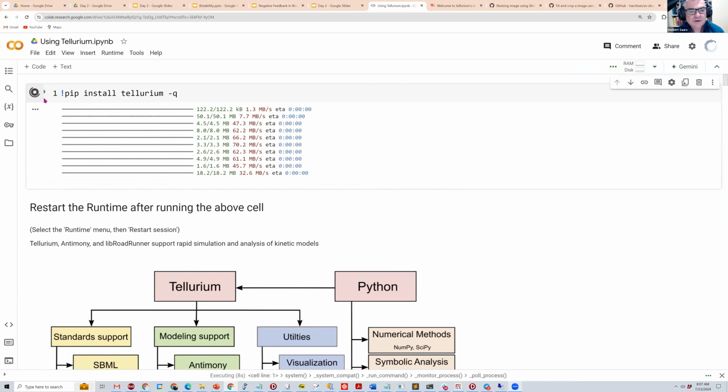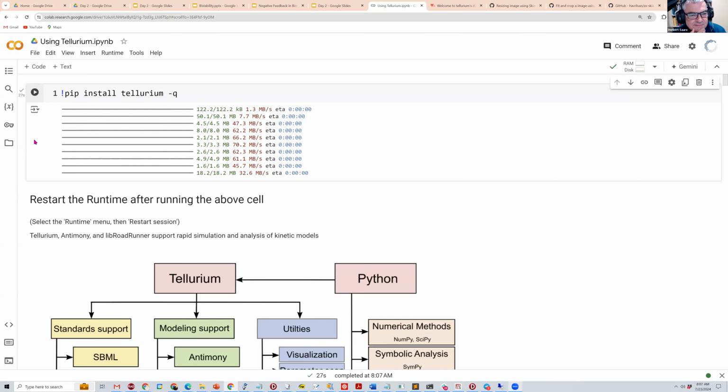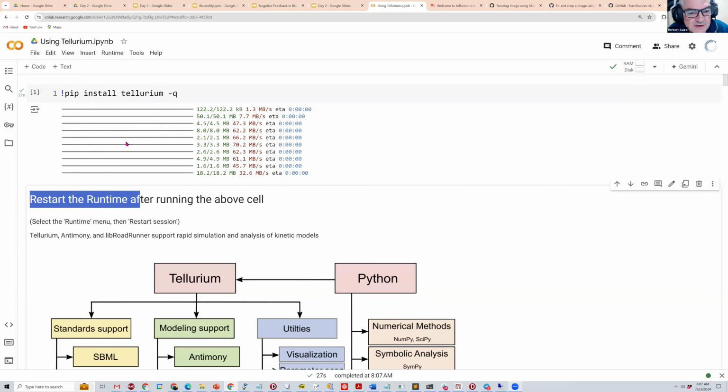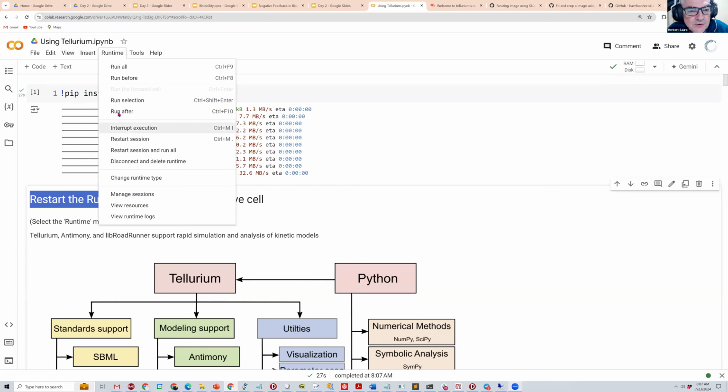It's faster this morning. So that's almost installed. It's almost there. So you'll all have to do this because Colab just forgets. Looks like it's still doing it. There it goes. Then it says restart the runtime. Okay, let's do that. This is only for Colab, just the way Colab works.